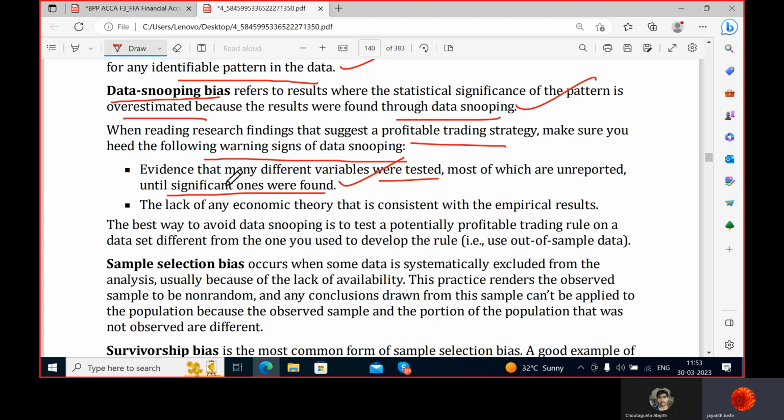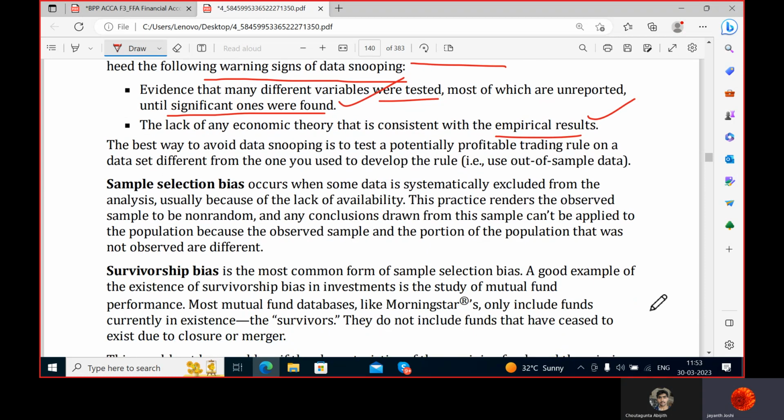Maybe growth stocks can outperform value stocks, but such data has not been reported. The second warning sign is the lack of any economic theory that is consistent with empirical results. That means they are always taking the past results and trying to draw their own conclusion from the data set they have.